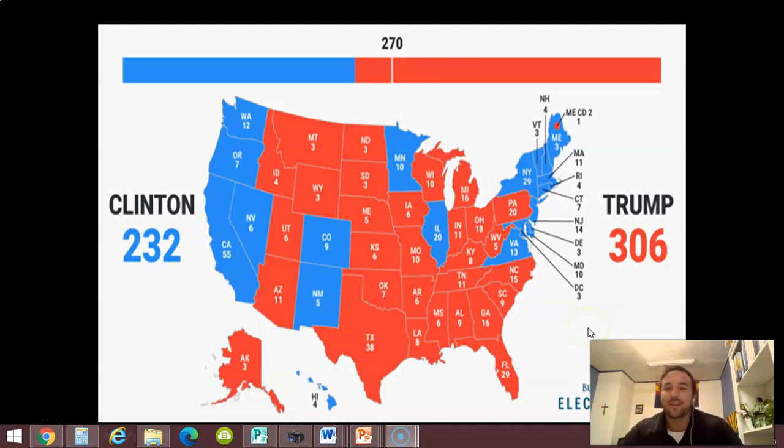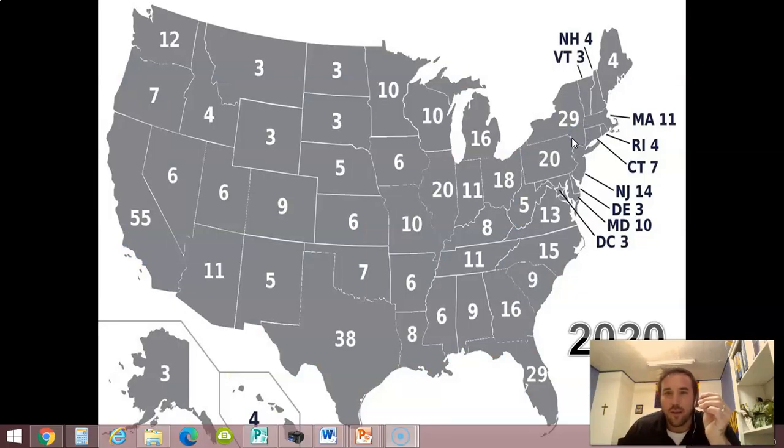Now, another side note. There are 2 states that said, yeah, you know what? We don't want all of our Electoral College votes to go to one, because what if everybody in the big cities votes one way, and everybody in the rural places votes another way? So if you're wondering why in the world does Maine have a red dot? Well, Maine actually, if I go back, has 4 Electoral College votes.